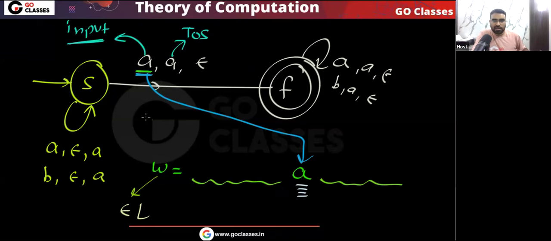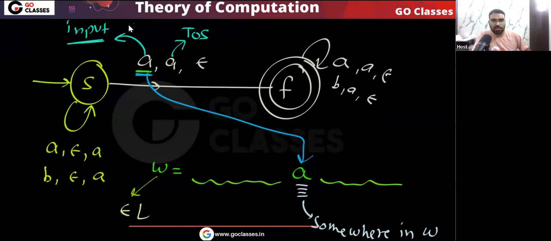Now you tell me one thing. Can I guarantee that before this A, at least one symbol should be there? Please tell me. Remember, somewhere in w, I have this A. Can I guarantee that before this A, some string must be there, at least one symbol?